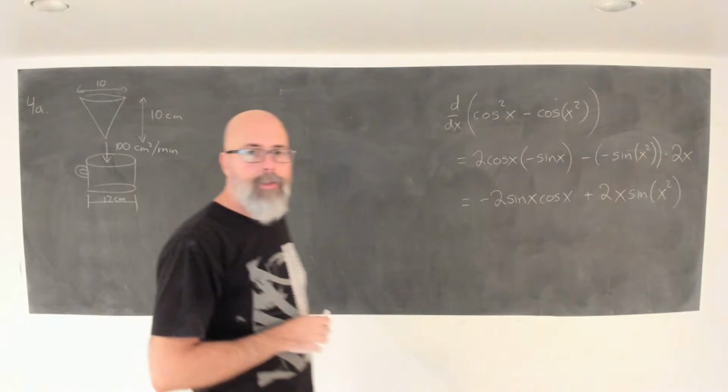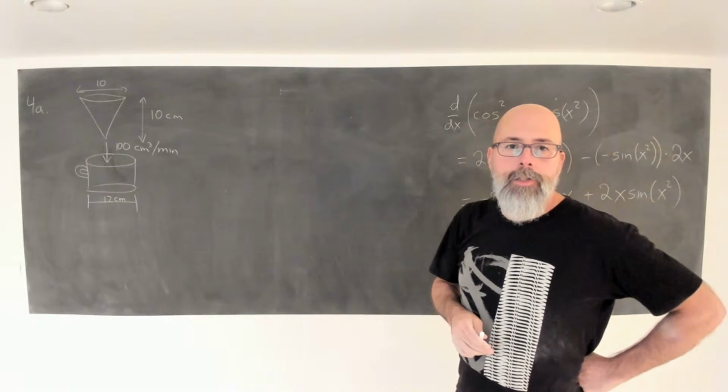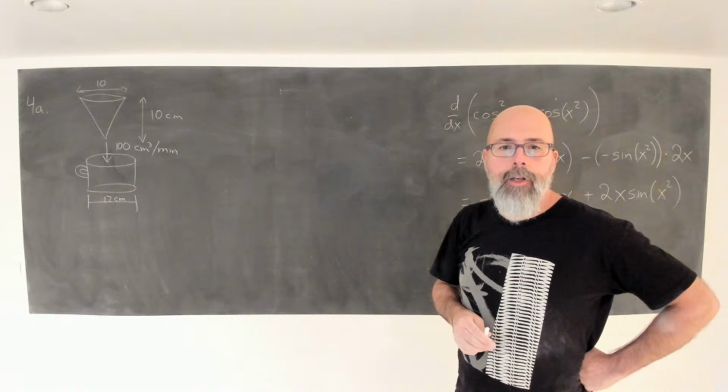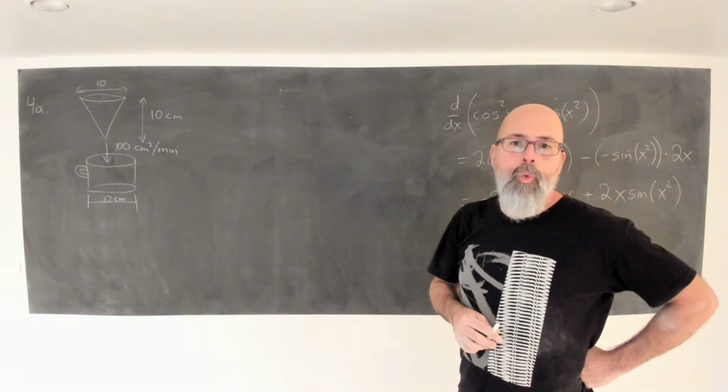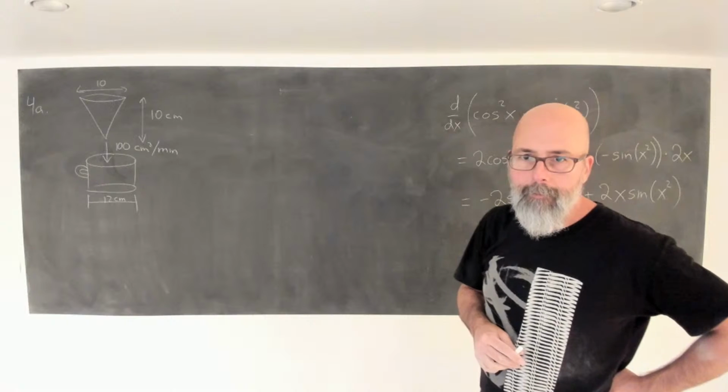How fast, in centimeters per minute, is the level of the coffee in the pot rising when the coffee in the filter is 3 centimeters deep?